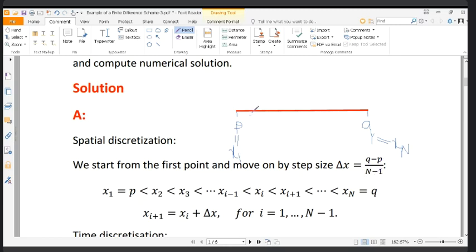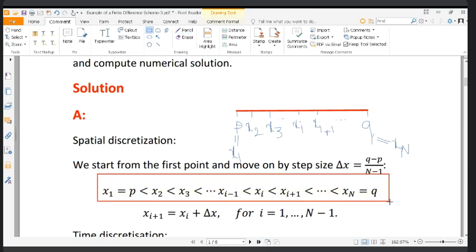x1 is p, the next point is x2, the next point is x3, and so on. We have xi, and the next point is x subscript i plus 1, and so on until we arrive at q equal to xn. You can see this discretization in this red box: x1 equal p smaller than x2, smaller than x3, until xn equal to q.